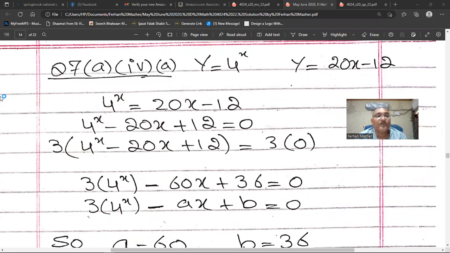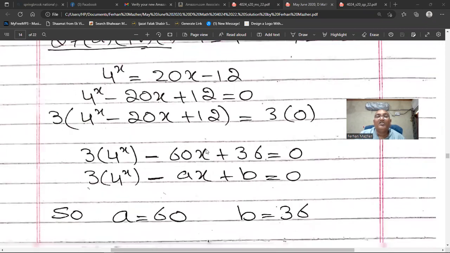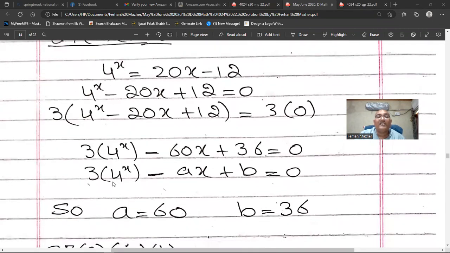So 4 raised to power x minus 20x plus 12 equals 0, because the equation they gave us has 3 with the 4 raised to power x. So I will multiply both sides by 3. So now you can see I multiplied both sides by 3. So you will have 3 into 4 raised to power x minus 60x plus 36 equals 0. Now I will compare it with 3 into 4 raised to power x plus ax plus b.